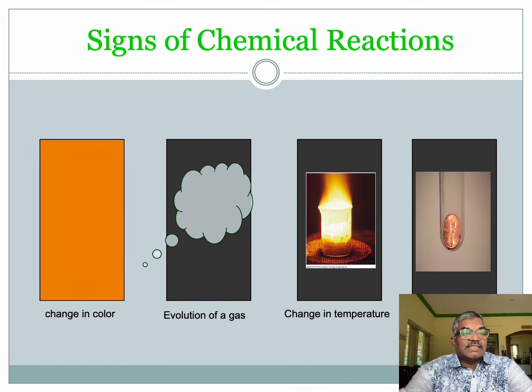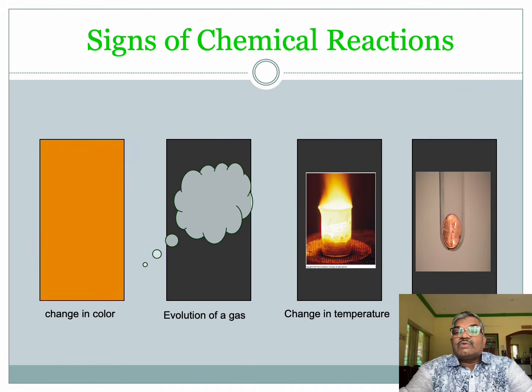That's a chemical reaction. Change in color. After the reaction, you can see the change of color. That is a chemical reaction. Evolution of gas, change in temperature, and change in state. So these are the signs of chemical reactions.